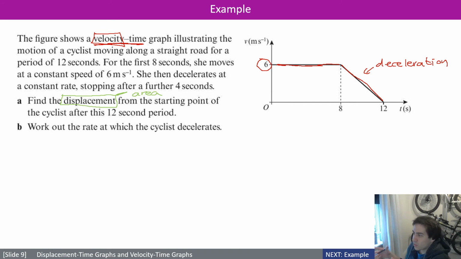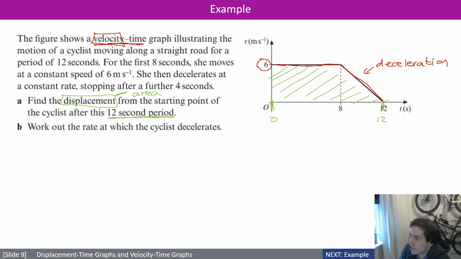In more complex questions it might vary, but in this case it just says the 12-second period. So we're going to start at 0 and go up to 12, and we're going to find this area. If we find that area, that will give me the displacement.